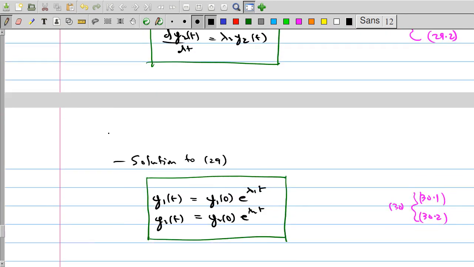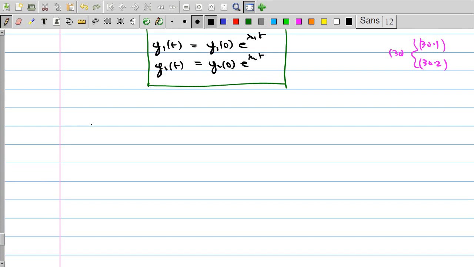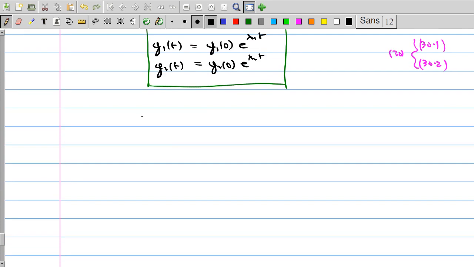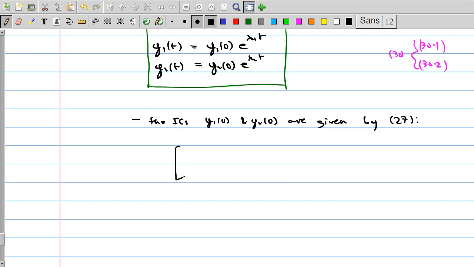So the initial conditions, the ICs y1(0) and y2(0), are given by 27, which is to say y1(0), y2(0) equals p inverse, I think it was, right?